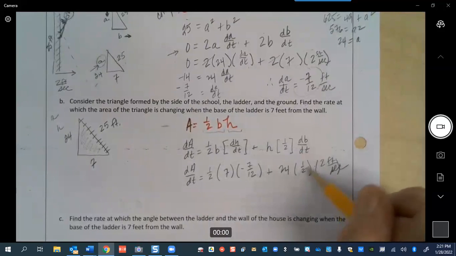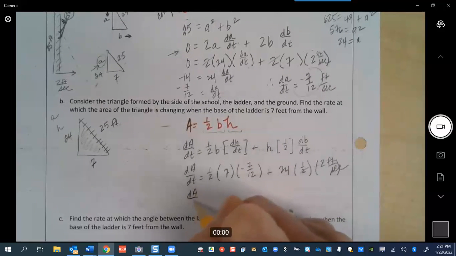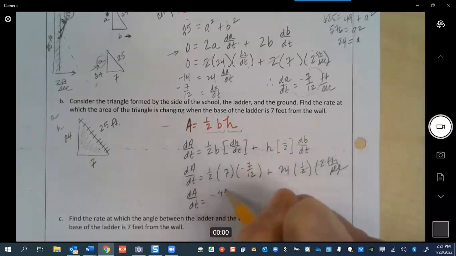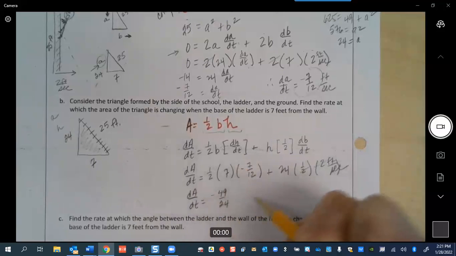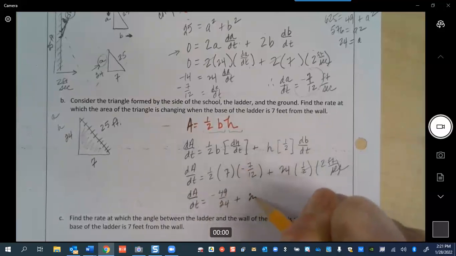So this 1/2 and this 2 are friendly, so they cancel out. So my change in my area with respect to time is -49/24 plus 24.